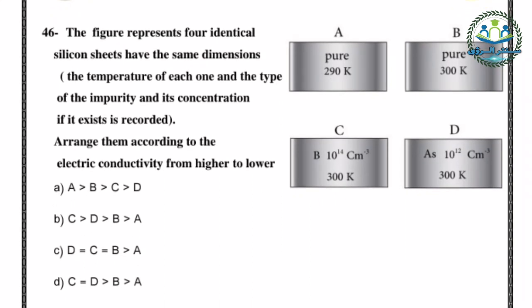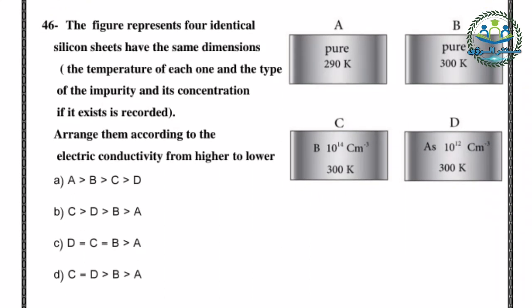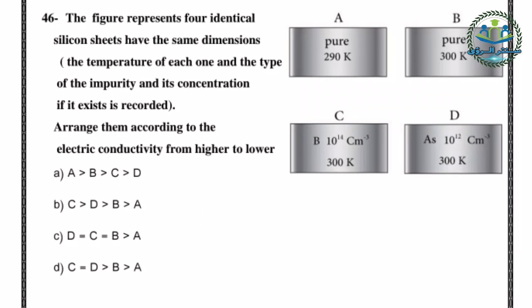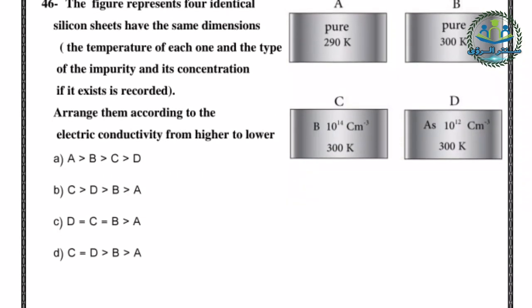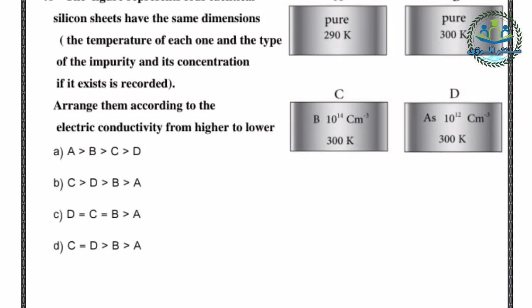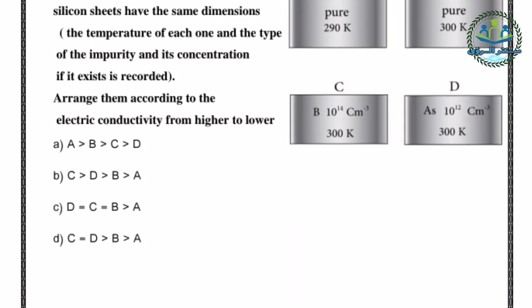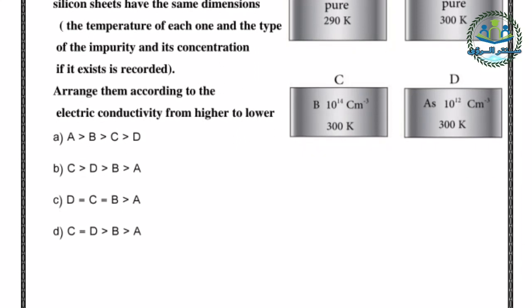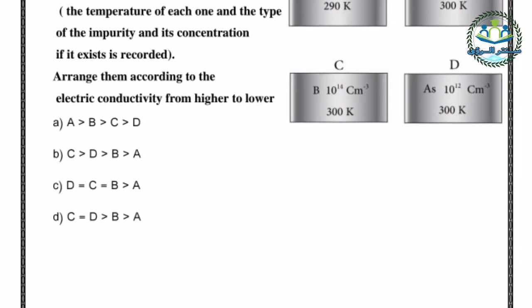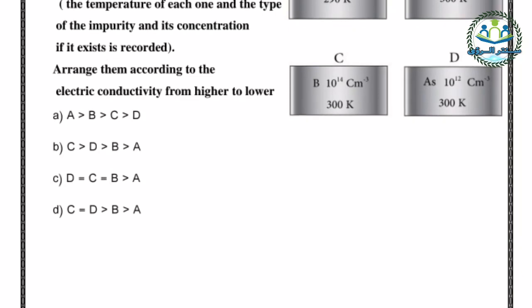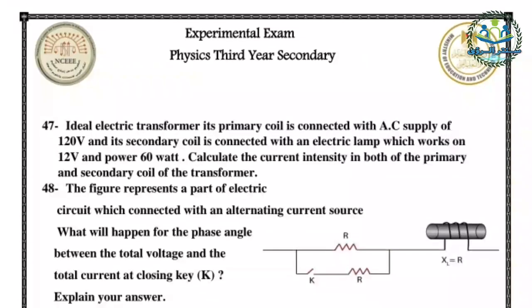A. A is greater than B is greater than C is greater than D. B. C is greater than D is greater than B is greater than A. C. D equals C equals B is greater than A. D. C equals D is greater than B is greater than A.